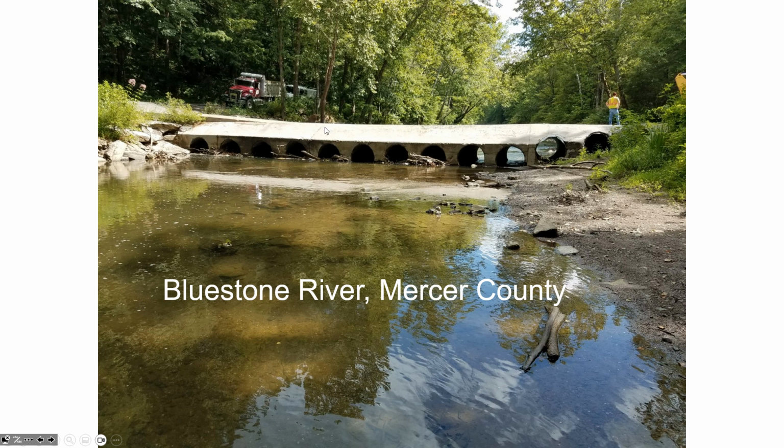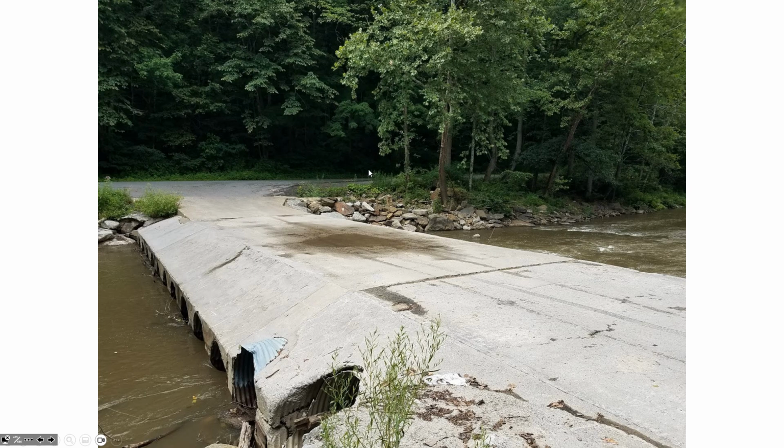Then it makes it unsafe for motorists to go over the top. So we typically don't see multi-barrel culverts like this for the long term because of the excessive amount of maintenance that's required. Here's another look at it.